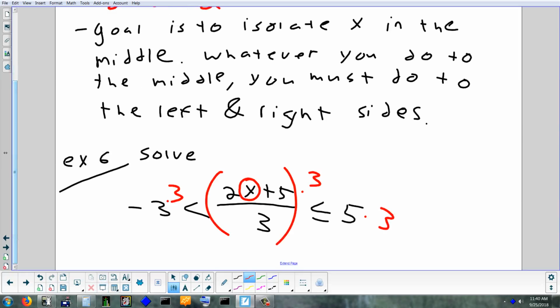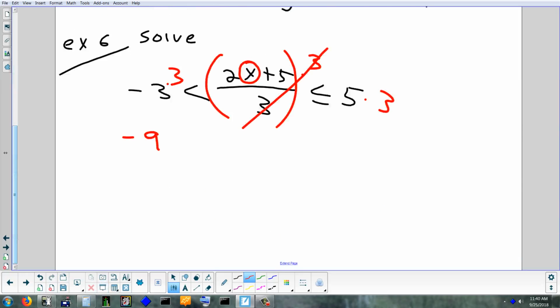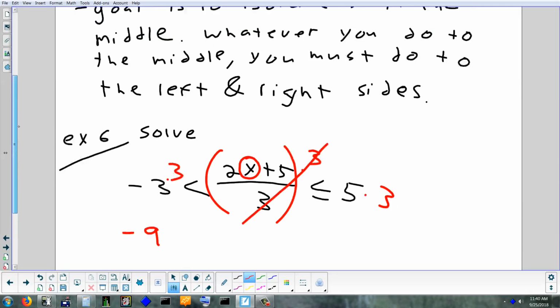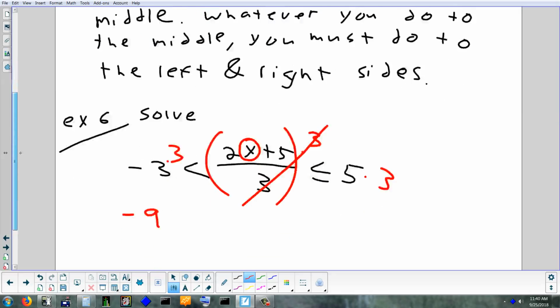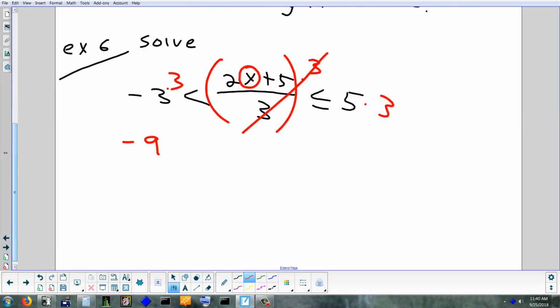Did I multiply by a negative? No, I don't need to flip anything now. Those 3's are gone. So now I have -9. Does everyone have what's up there? Okay. So -9 is less than 2x plus 5, which is less than or equal to 15.